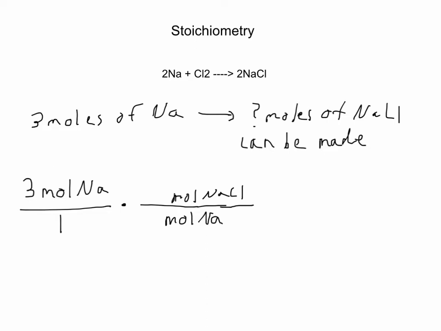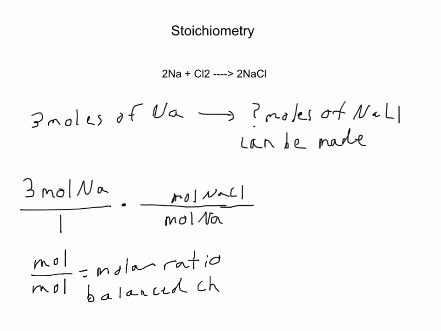Whenever we have moles and moles in a fraction, the relationship is the molar ratio found in the balanced chemical equation, or BCE for short. So whenever we have moles and moles, we can convert.